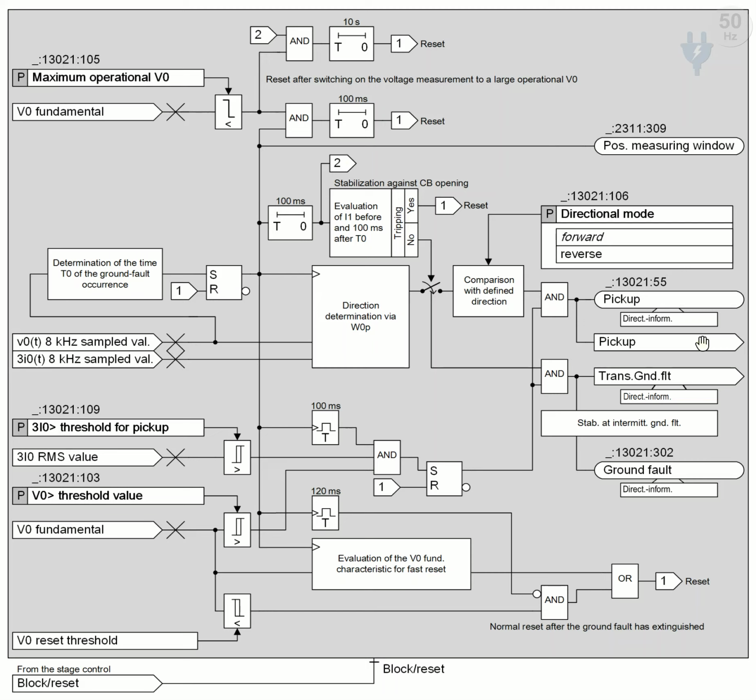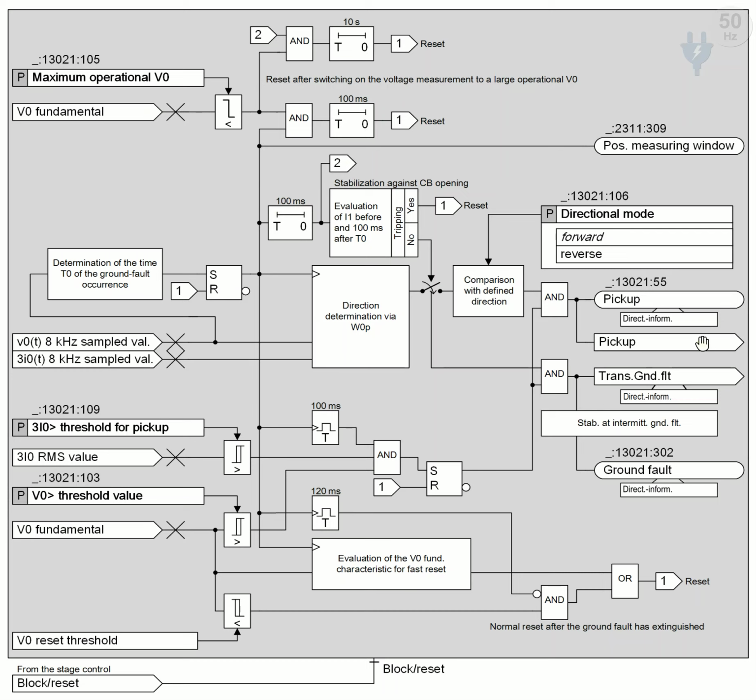Welcome to the second session of Directional Transient Ground Fault. In the first video, we discussed one type of sensitive ground fault, and that is the Directional Transient Ground Fault.